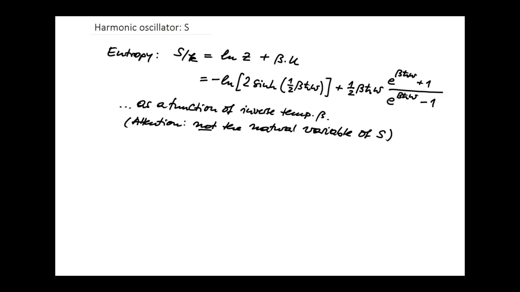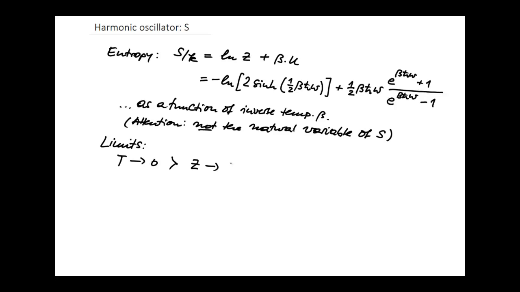This is a rather complicated expression, but again, we can look at limits. First of all, the limit T going to 0, low temperatures. In that case, remember the partition function. There was this geometric series. If the temperature is low, then beta h bar omega is large.